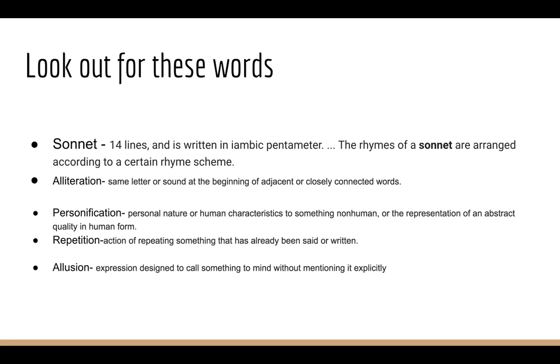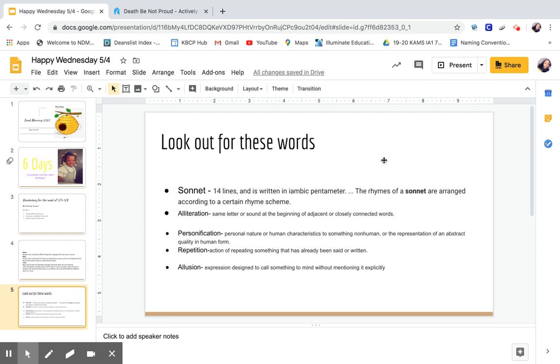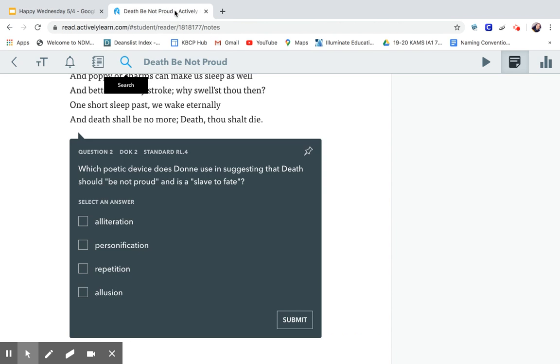Then you have personification, giving a personal nature or human characteristics to something that's non-human. Repetition is something that's being repeated that has already been said or written. And allusion expresses ideas to call something to mind without actually mentioning it. This is also in your folder for today. Let's go back.